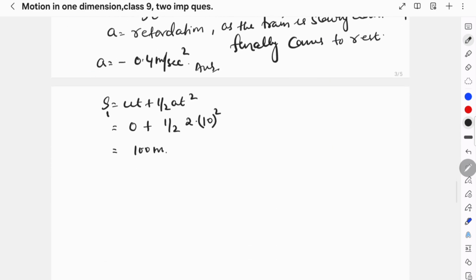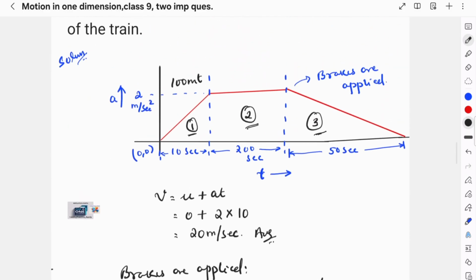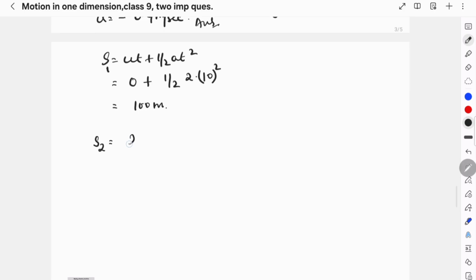Now let's come to the second part. Let the distance traveled be S2. Because it is traveling with a uniform velocity, it will be velocity into time. So velocity is 20 meter per second and the time was 200 seconds.